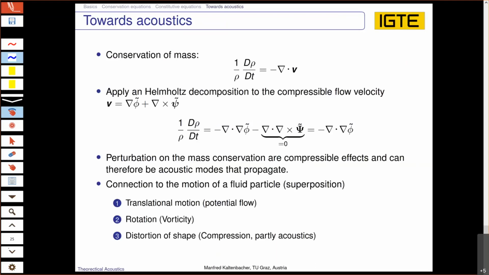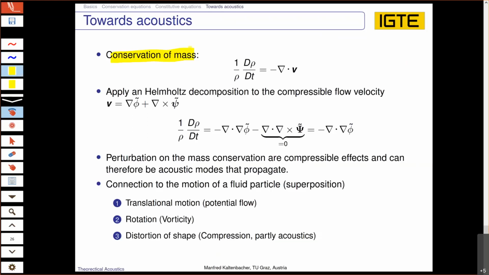Okay, now, as I have told you, you will have no wave propagation if you have an incompressible medium. So you need a compressibility in a medium to have an acoustic wave, which means, for example, in vacuum, you will have no acoustic waves. In air, we have a compressibility, we have acoustic waves. Now, this is a rewriting of the conservation of mass.